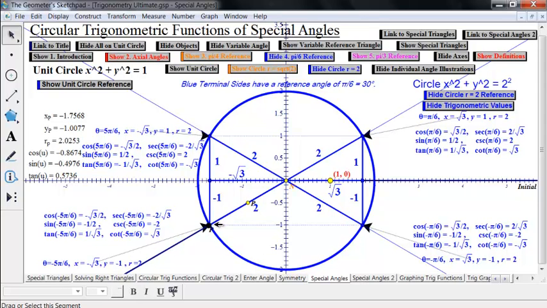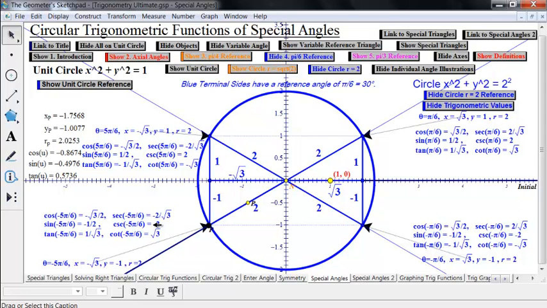It would have an x of negative square root of 3, y of negative 1, r of positive 2. Notice r is always positive, and notice all of these have a cosine that's either square root of 3 over 2 or negative square root of 3 over 2. Cosine is negative in this quadrant. Secant is the reciprocal of that, either 2 over the square root of 3 or negative 2 over the square root of 3. Secant is negative in this quadrant.